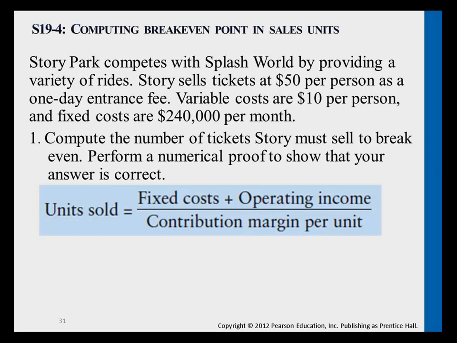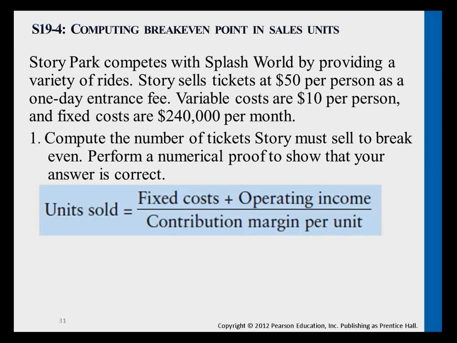Do I have anything about my operating income here? That means it's a 0, all right? And how am I going to calculate my contribution margin per unit?